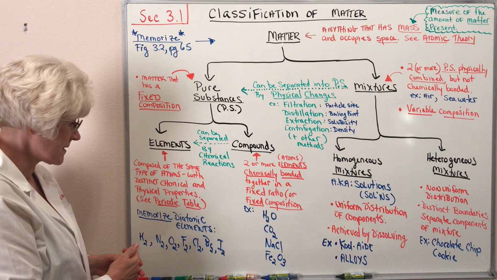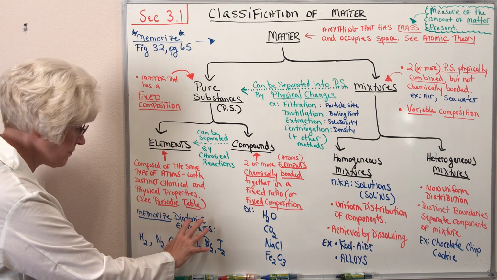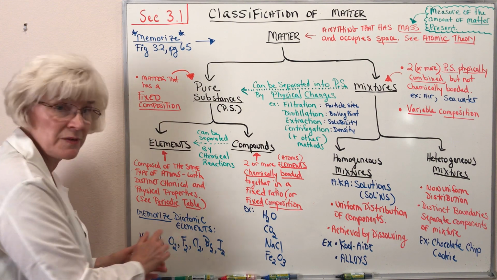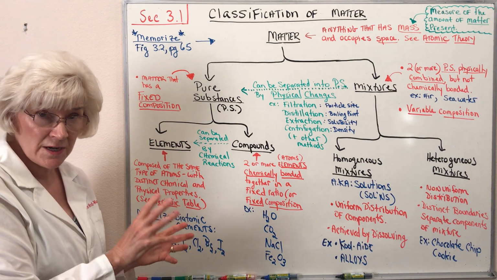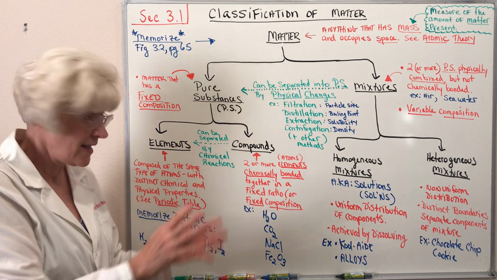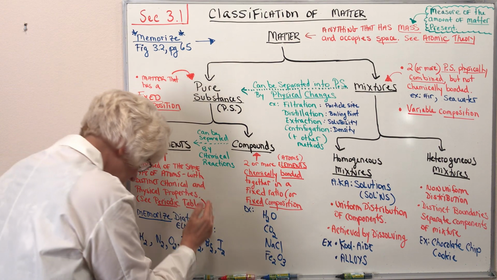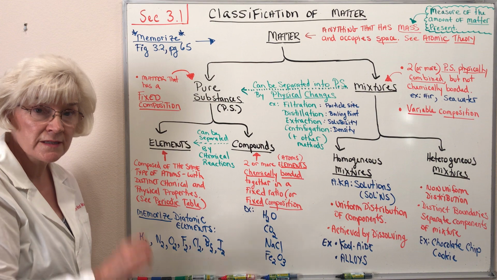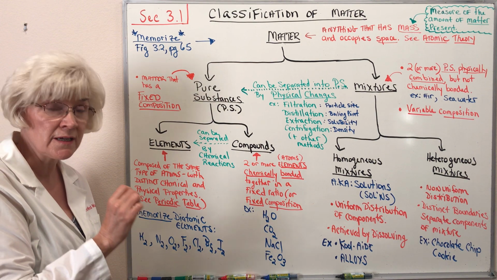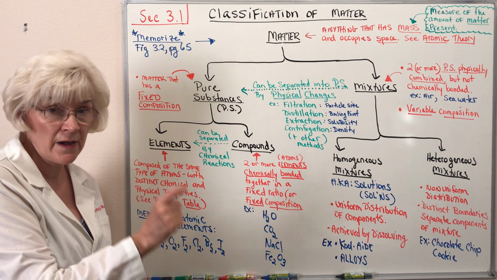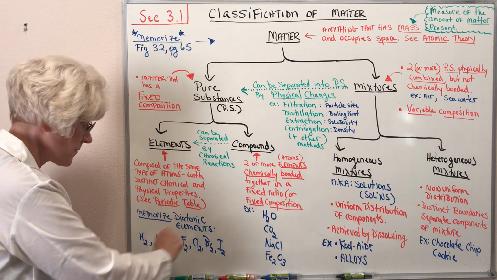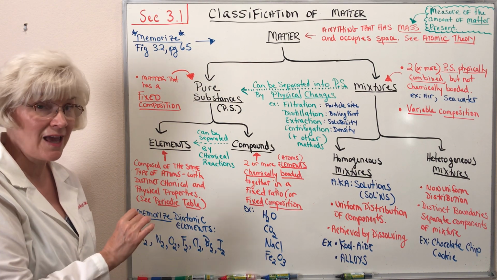Now you see here in blue I've thrown in something that doesn't necessarily have to be presented here, but I don't want to forget to present it in another place, so I just kind of anchor it right here. There are certain elements that are always found in nature, chemically bonded together as a group of two atoms. Hence, we call them diatomic elements.